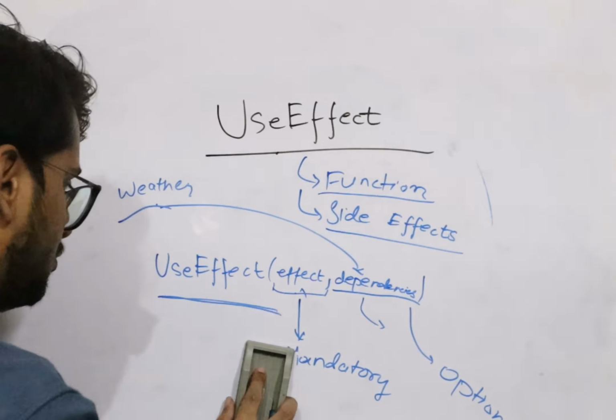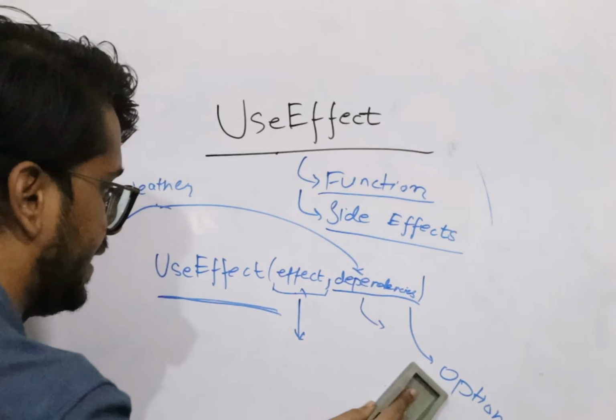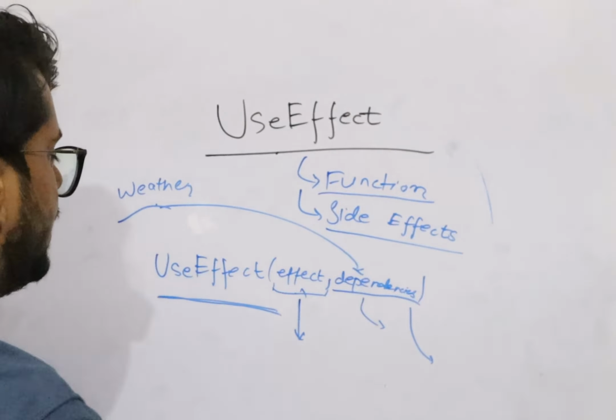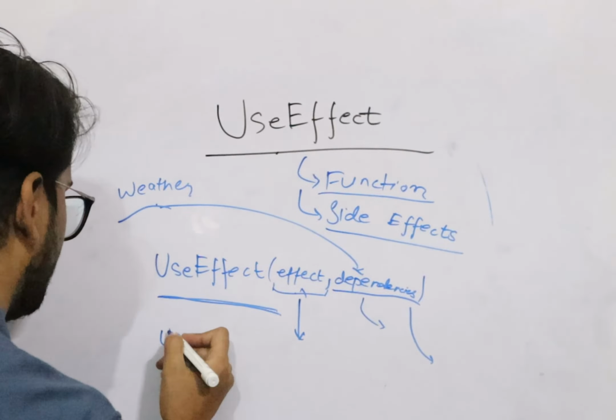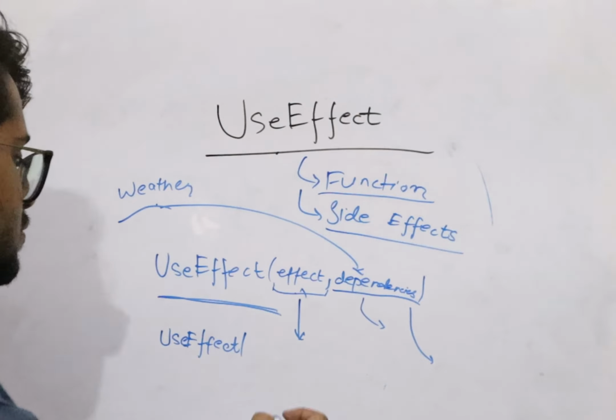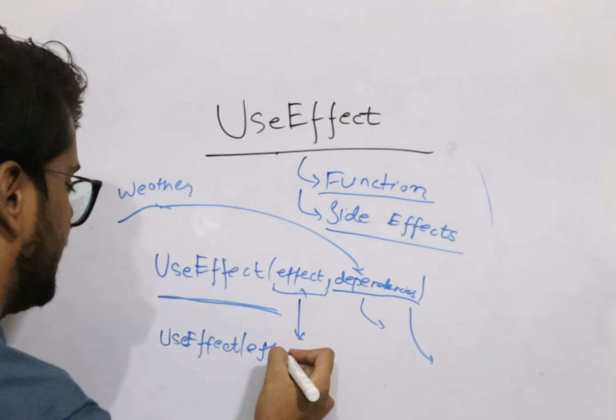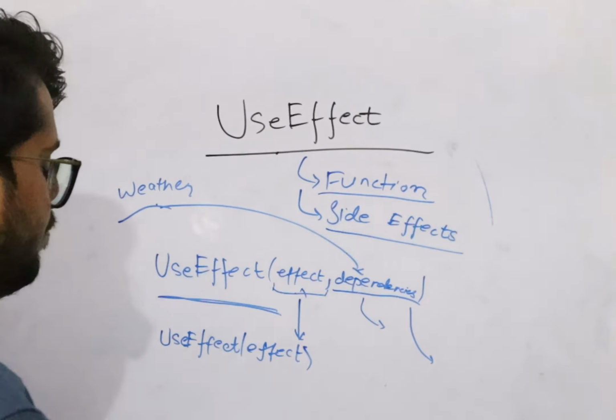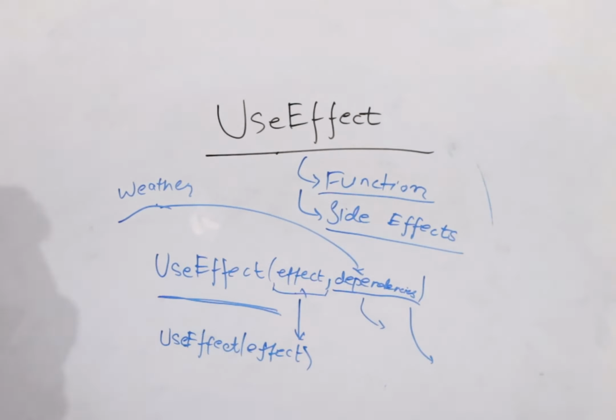Let me remove these two things and write one more useEffect hook in here as well. It is running with an effect which can be a function, but we don't have any second argument like this dependency.